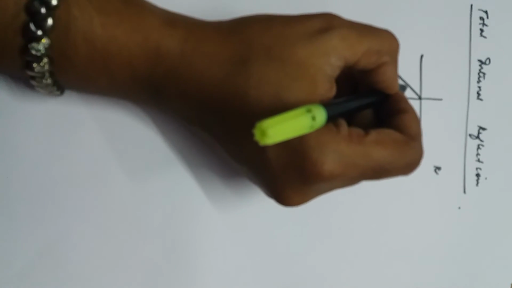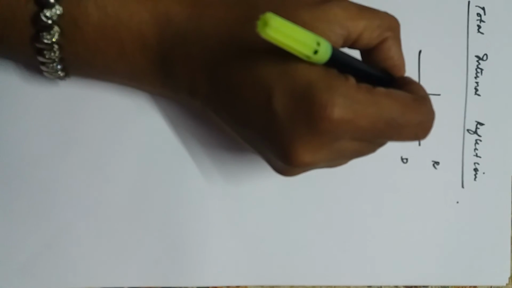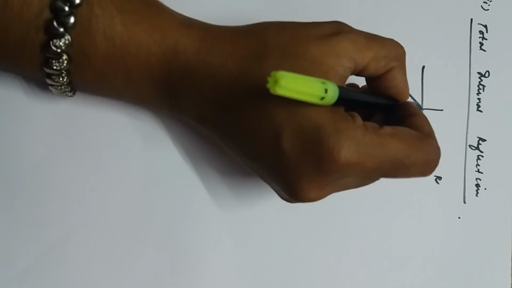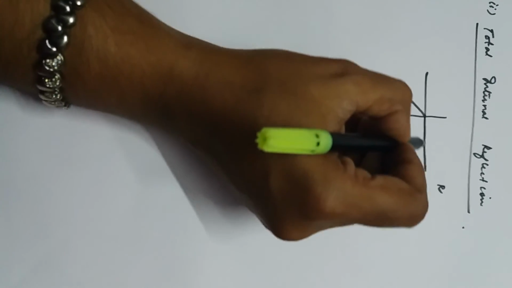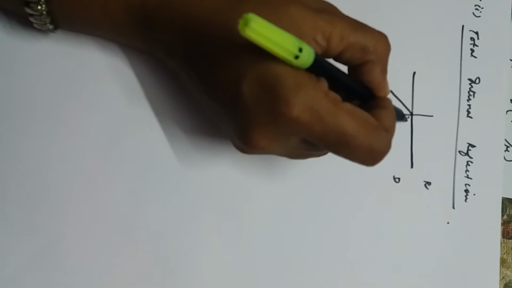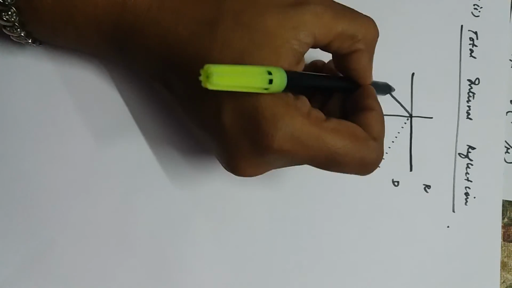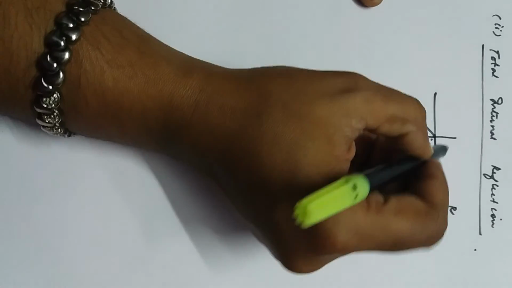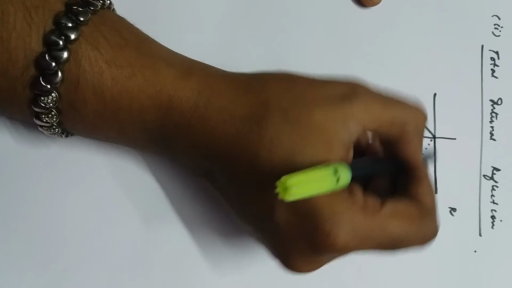Now, as you keep on increasing the angle of incidence, at a particular angle of incidence, the ray would no longer bend away, but it would travel parallel to the plane. Then if you increase it further, it would totally come back into the same medium, and this phenomenon is called total internal reflection.